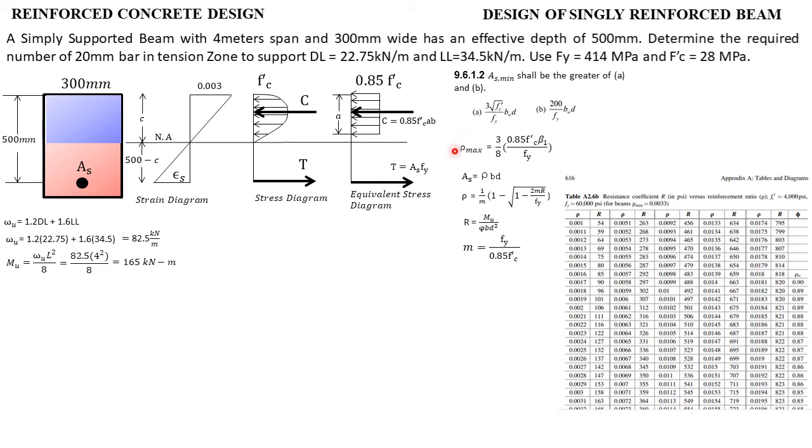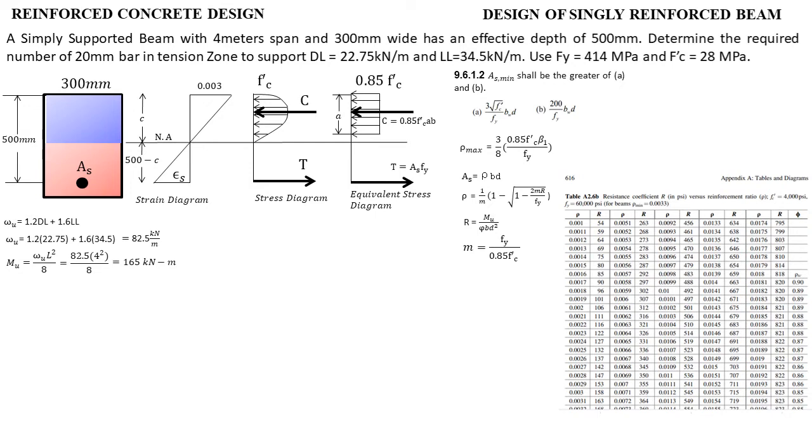This is the maximum rho for a singly reinforced beam. We will show you later how this formula was obtained. If the rho we solved is within the range, above the minimum and below the maximum, it can be used to compute the area of steel since it conforms to the ACI code.